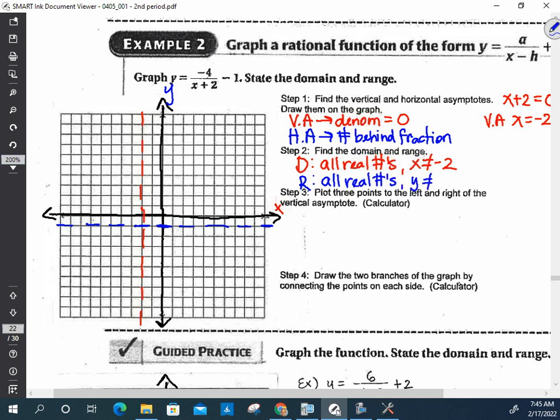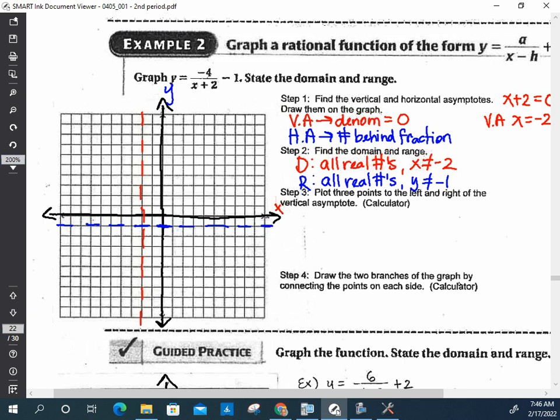Y cannot equal -1. So there you go. Domain, range, vertical, horizontal asymptote taken care of. Again, for some of you, it will not take that long to get those 4 parts out.